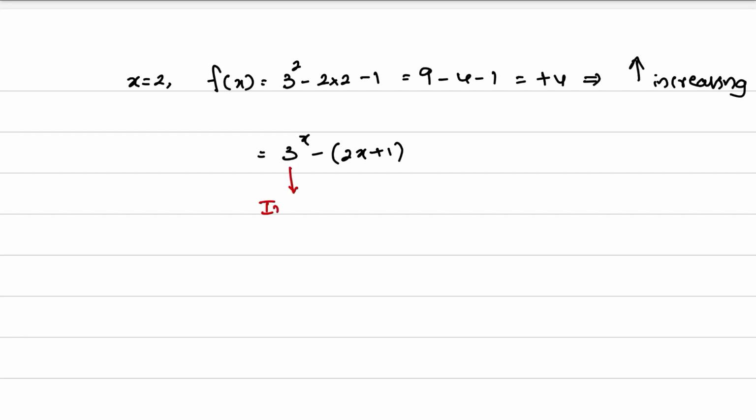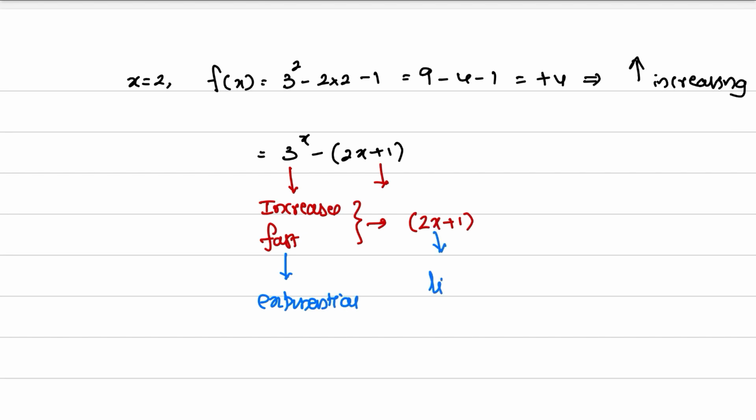This increases faster than this one, 2x plus 1. 2x plus 1 is linear. 3 to the power of x is exponential. Always the exponential term increases faster than the linear term beyond a certain interval.